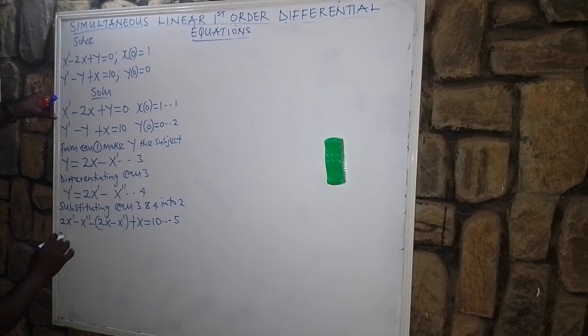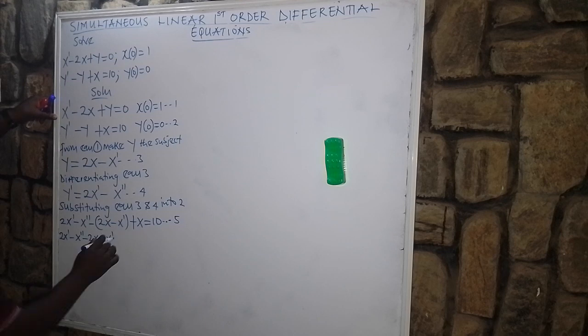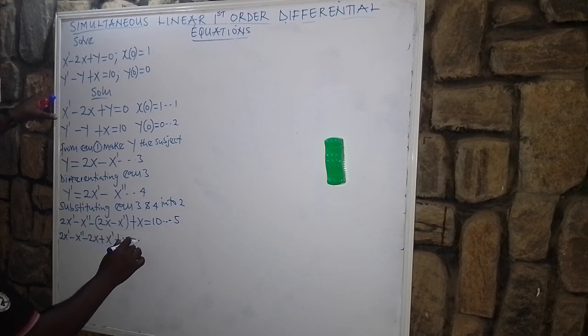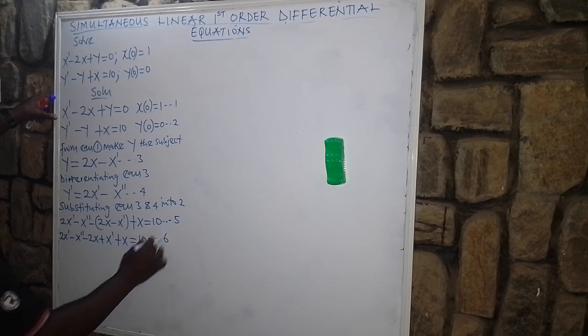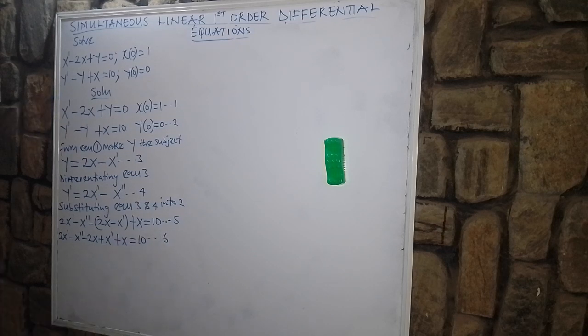We are going to have 2x prime minus 2x prime prime, minus times minus 2x gives minus 2x, minus times plus gives plus x prime, then plus x equals 10. This is equation 6.